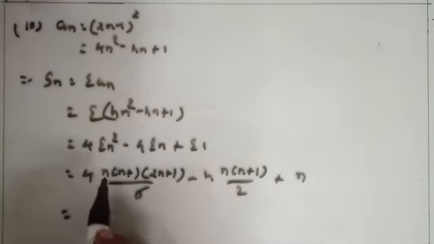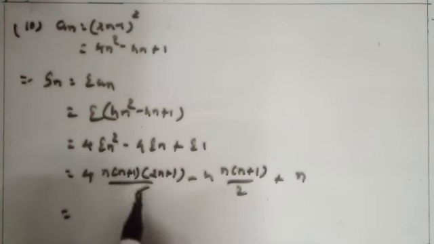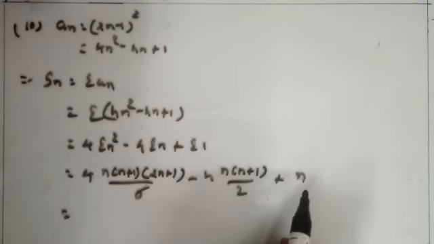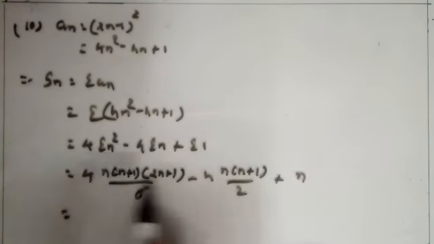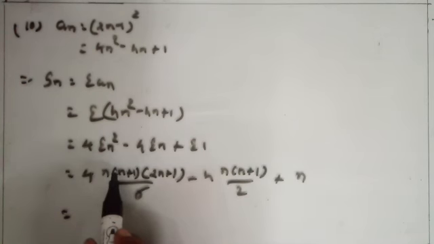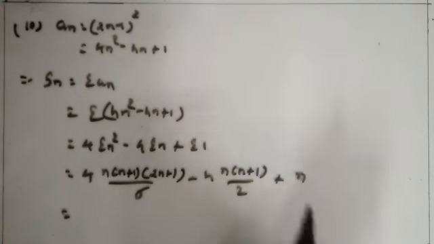So it is equal to n into (n plus 1) upon 2 take common. Upon 2 only take common.